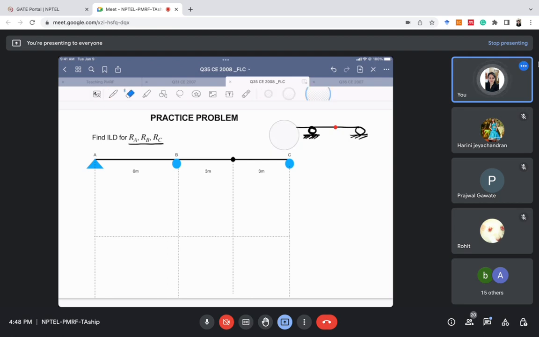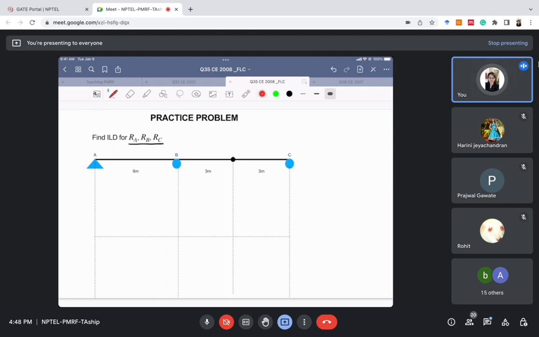So this beam is a determinate beam. Since it is a determinate beam, the ILD for this beam will be composed of straight lines, right? In the last class, I discussed the Muller-Breslau principle for drawing the ILD, because that is a very quick method to draw the ILD for beams.